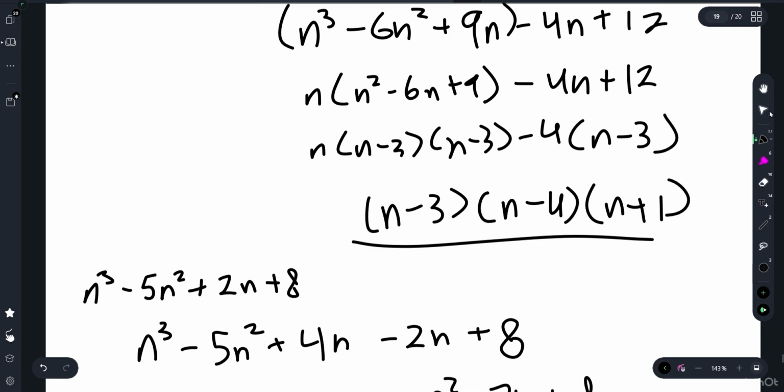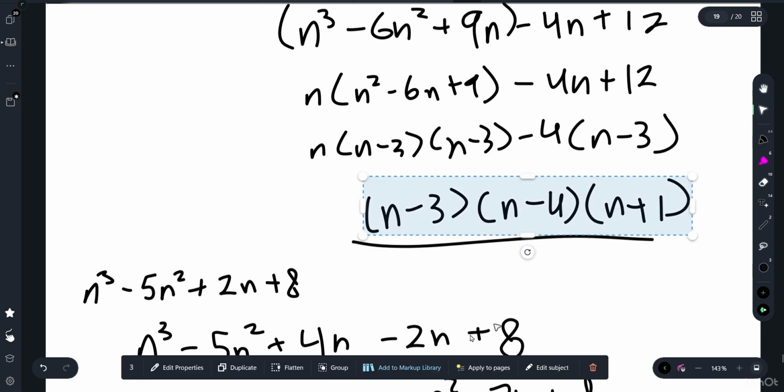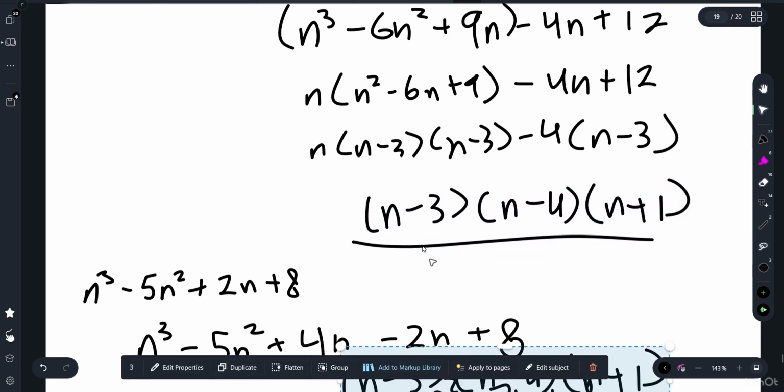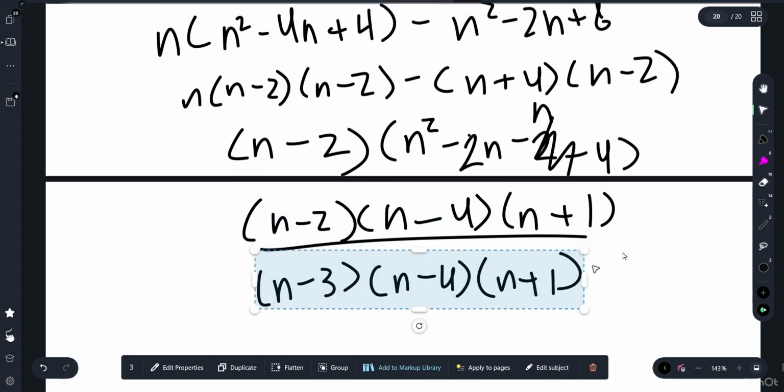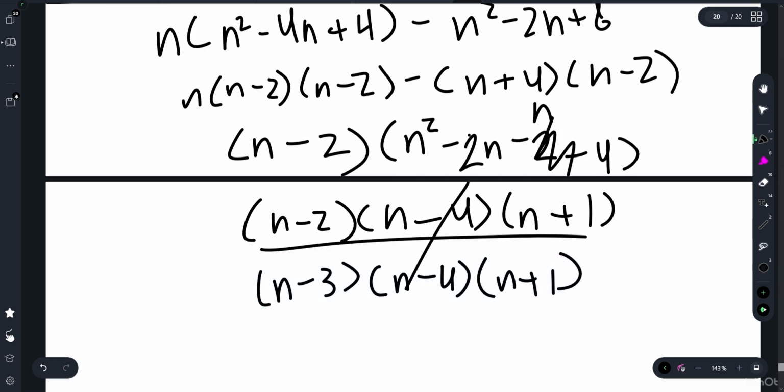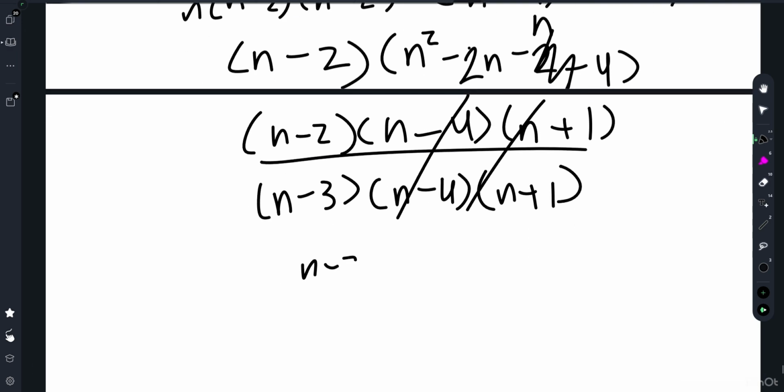So let's take what we have at the bottom here, and let's take it down also. Put it right here. And now it's pretty easy. We can notice that these cancel. So we have n minus 2 over n minus 3. Now we want to find what values of n would make this an integer.